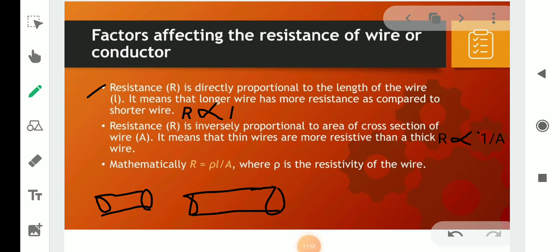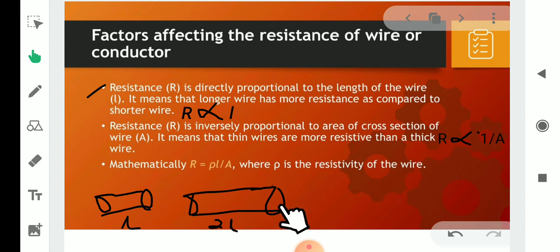Here the length is L and here the length is 2L. Both are copper wires, and the length of this wire is L and here it is 2L.